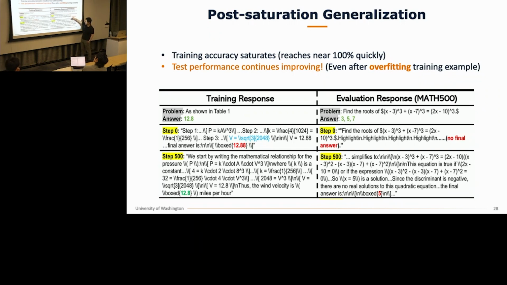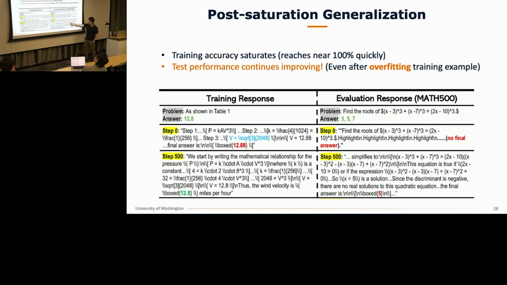In the beginning, it doesn't even output the correct format. This is what we can observe after 500 epochs: it gives you quite good reasoning. You start by writing the mathematical relation for the pressure, so you pick the right formula, and then the answer as well.